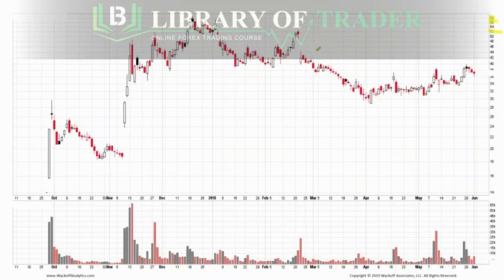Okay, and why is that? Well, because at 52, we'll be coming up to that level where we had the gap down. So that's definitely a resistance level.